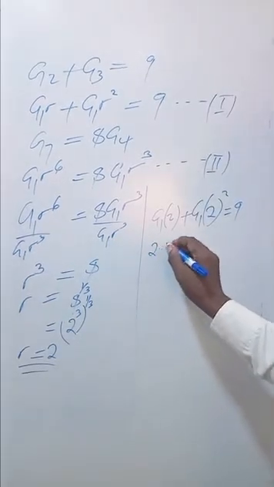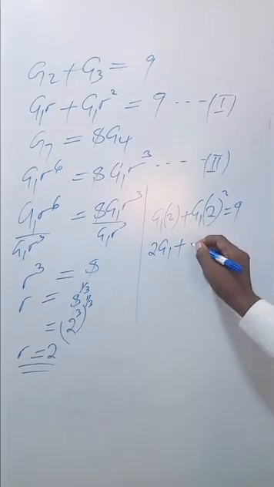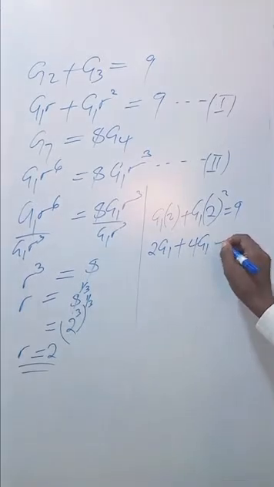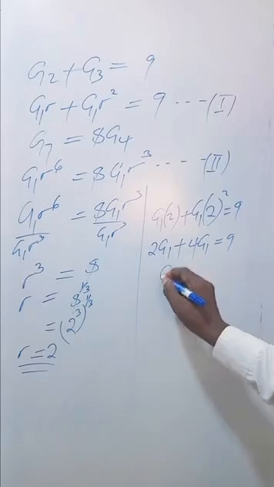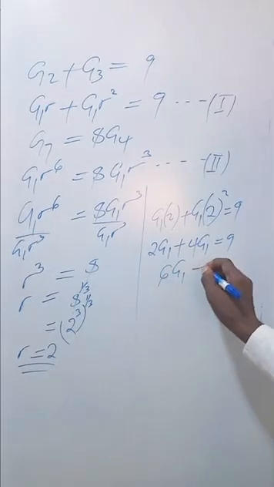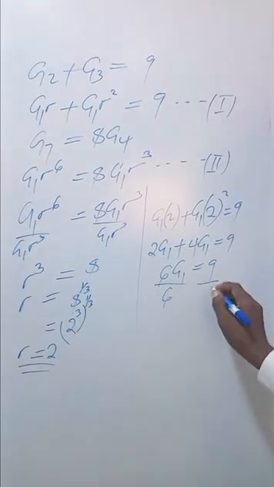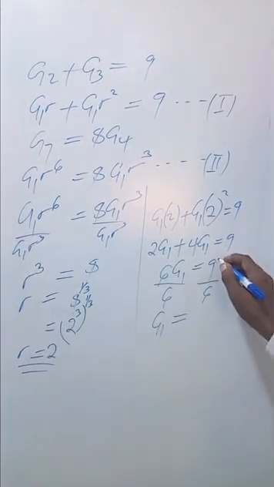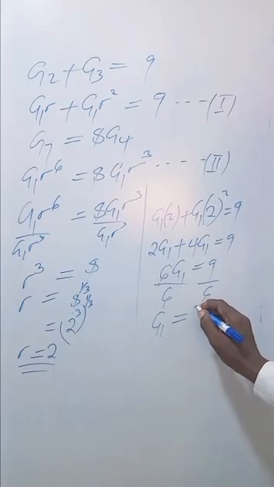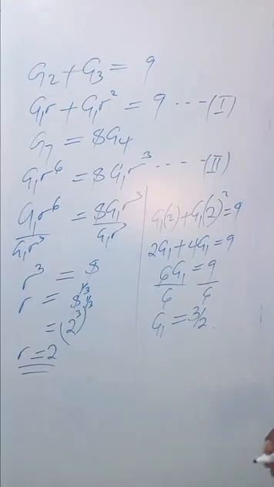This is 2G1 plus 4G1 equals 9. 2 plus 4, this is 6. 6G1 equals 9. By dividing 9 by 6, we get our G1 to be equal to 3 over 2.